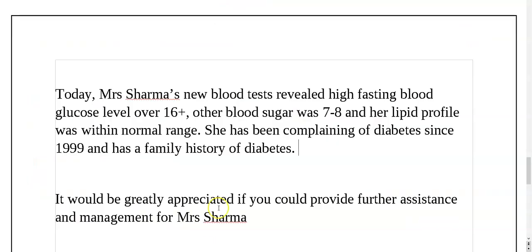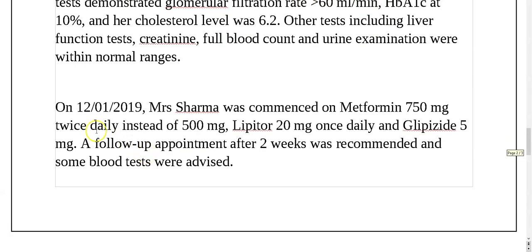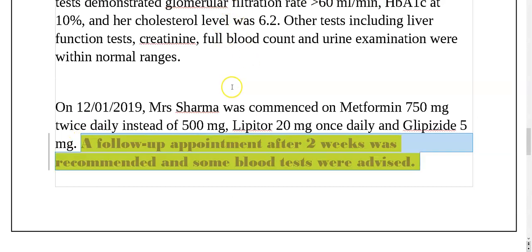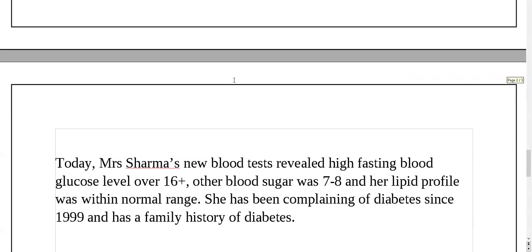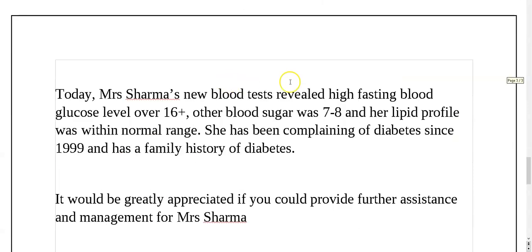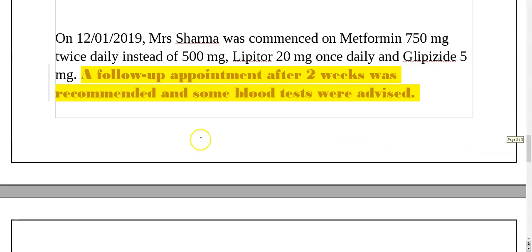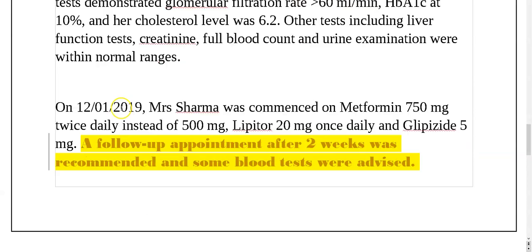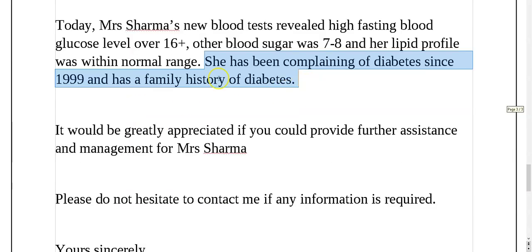So we don't really need to say that, it's a waste of words. Today, blood tests revealed high fasting sugar 16 plus, and then you've got this here. It's like a throwaway line. Why would you tell me she had a visit and this happened and this happened, and by the way, she's had this since 1999?